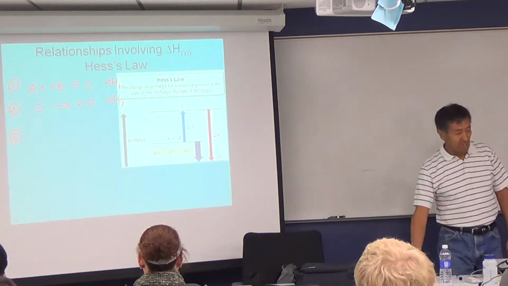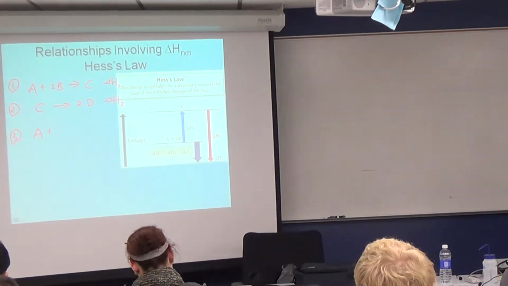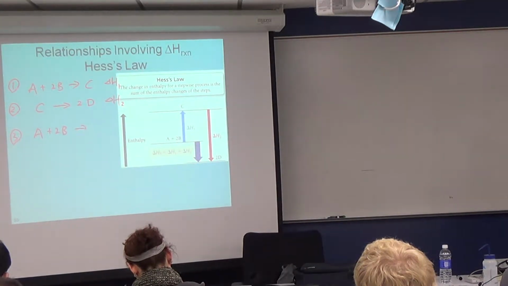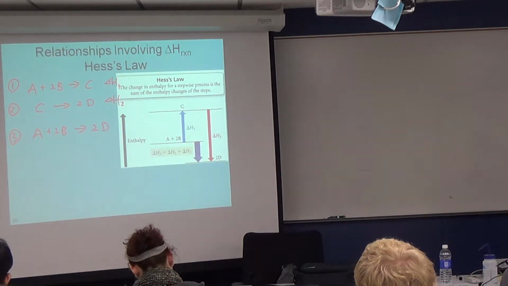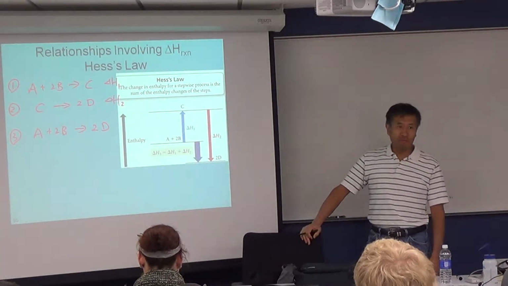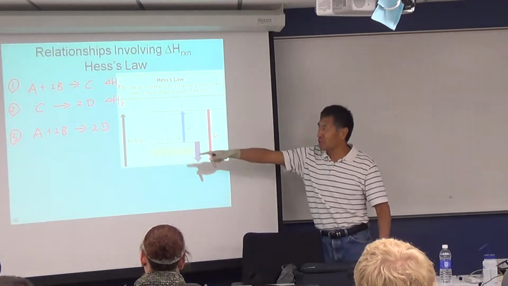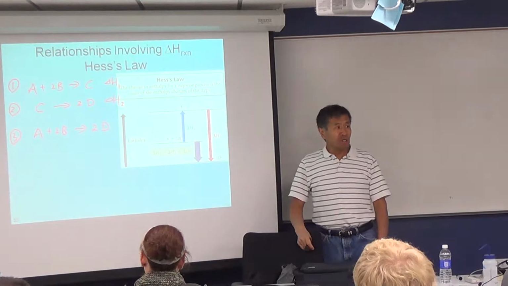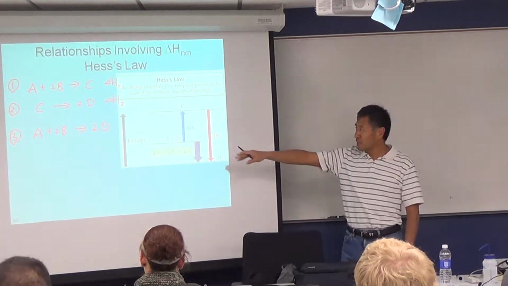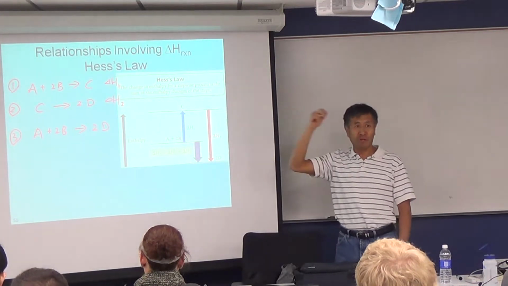So very easy. For reaction 3, it is A plus 2B produces 2D. Right. So those are different ways to give you the information about the chemical reaction equations. I can give you those instead of this picture, so vice versa. If I give those, you can translate into this. Or if I give a picture like this, you can do that.